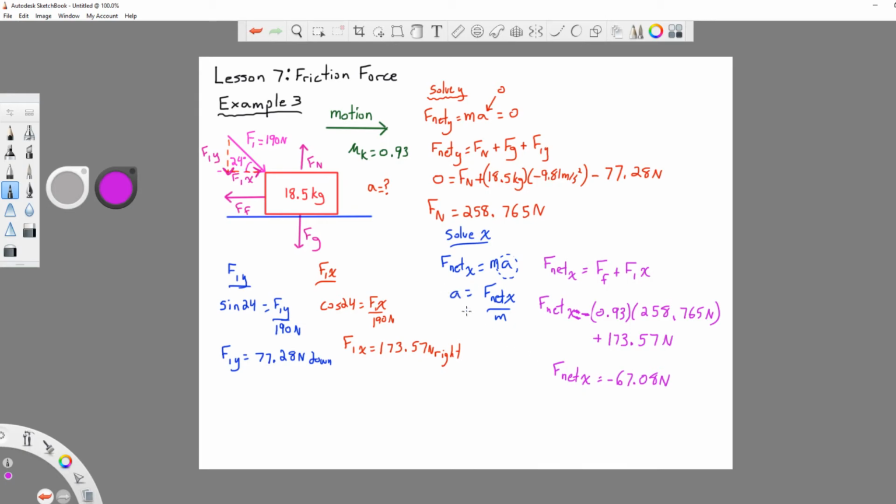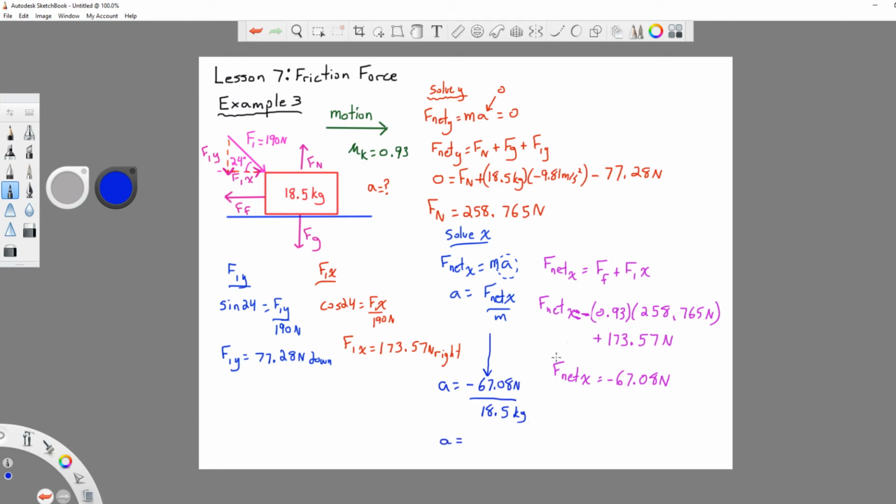So we can figure out that acceleration to the left now because we have F net x. So I'll switch back to my blue and we'll finish this thing off. We can say that, I'm going to just drop this down here where there's a little more space. That acceleration is equal to this negative 67.08 newtons divided by 18.5 kilos.